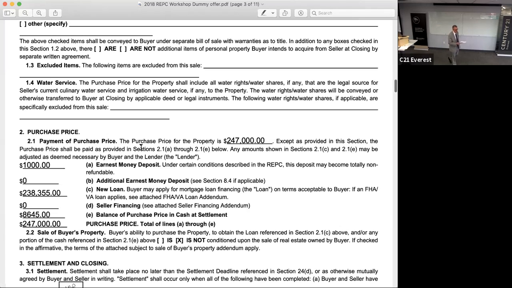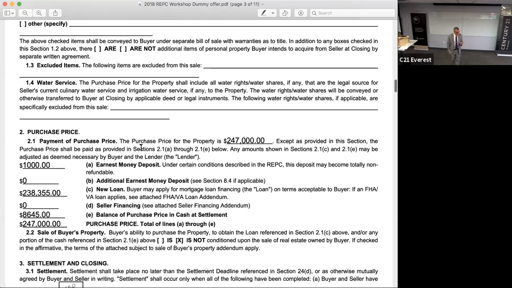I think I said this to you guys before, but when you are on the seller side, if there are things they want to exclude, I typically recommend getting them out of the property before you even list it, so that it's not going to be an issue with the buyer. There are just going to be scenarios where the buyer comes in and says, well, I won't buy your house then if you don't include whatever. So I've found it's better just to get rid of it right off the bat.